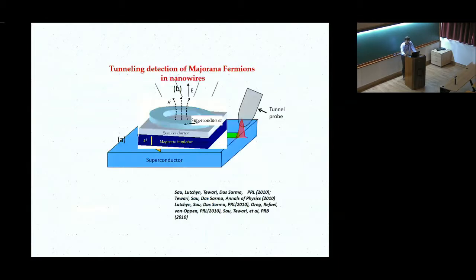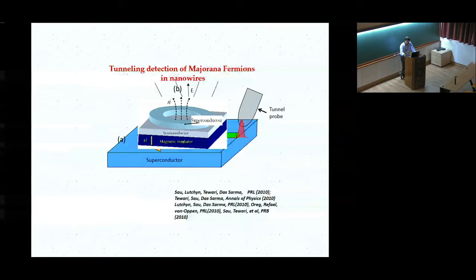So this is the proposed setup. First, just look at the white box. The proposal is we have a semiconductor, and the semiconductor has strong spin-orbit coupling. That's the assumption. And suppose we proximity induce superconductivity, just simple s-wave superconductivity, on the semiconductor. So now the spins in the semiconductor, which are spin-orbit coupled, will also have s-wave superconductivity.